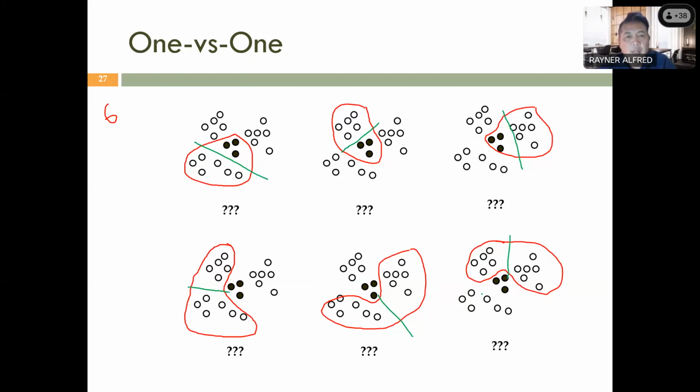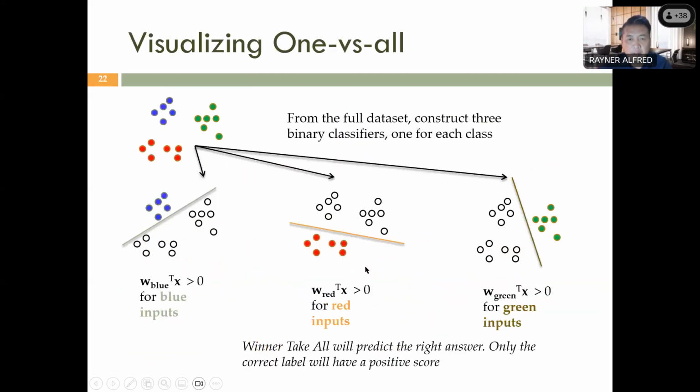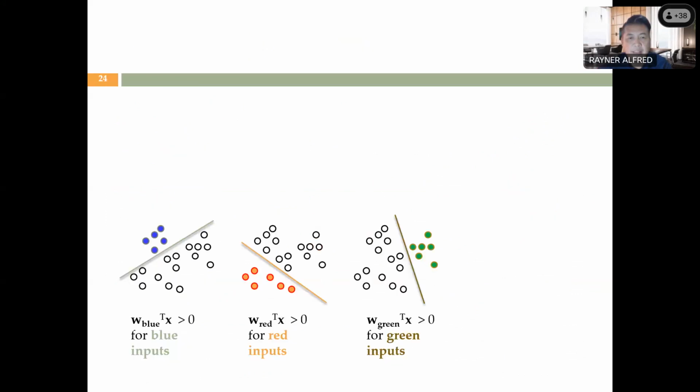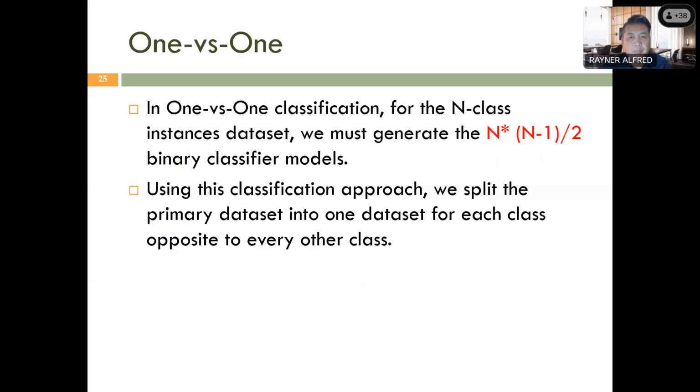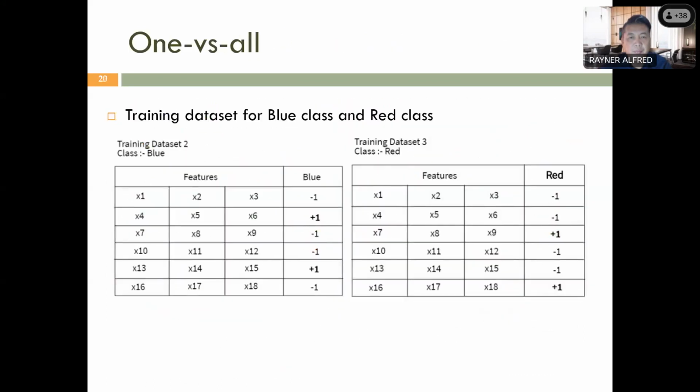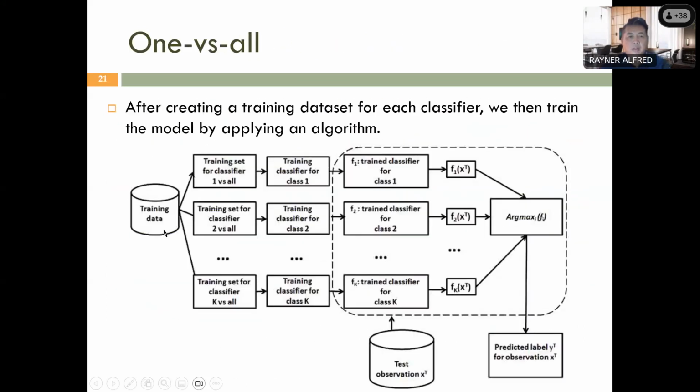Okay. So if we have 6 models here, we can combine all of the models. So we follow the diagram that we had before.